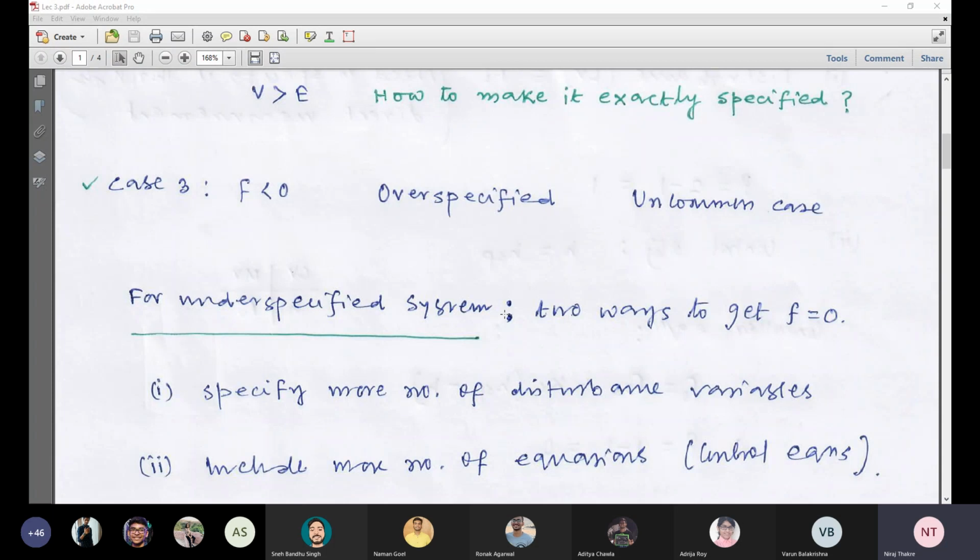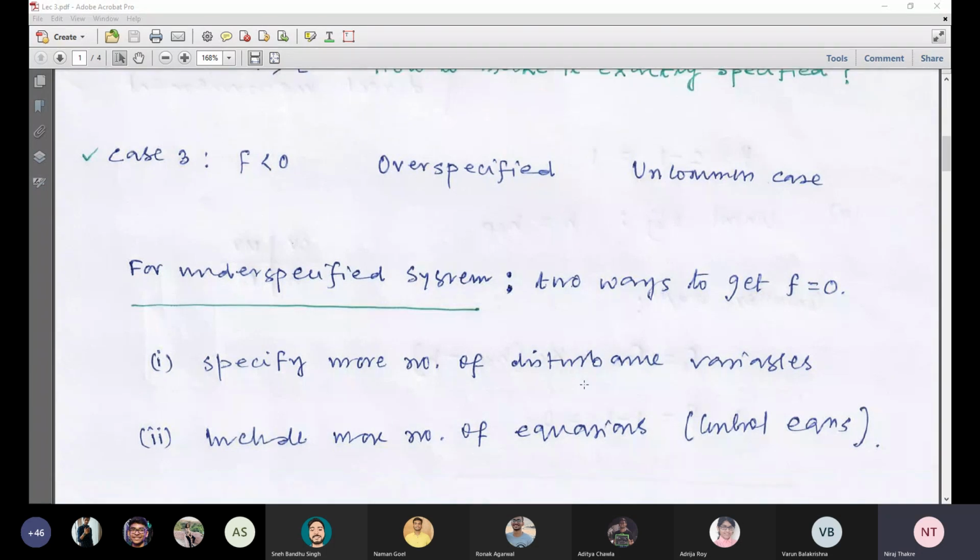Just to know the information of a variable, to reduce the number of unknown variables, most of the times we need to measure a couple of disturbance variables. In that case, we can say that these are measured disturbance variables. And the second one includes more number of equations.